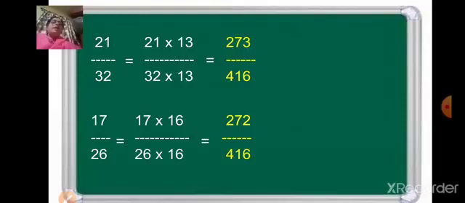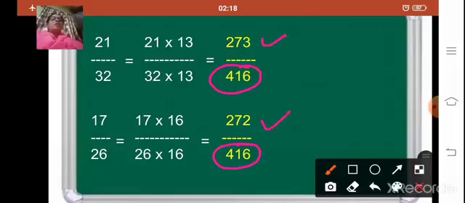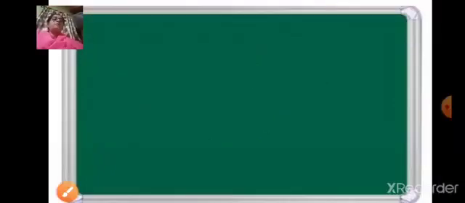Now you have made both the fractions, that is denominators are same, so both are like fractions. Okay, now the third step is you will compare the numerators. Okay, so 273 and 272. Now 273 is greater than 272.